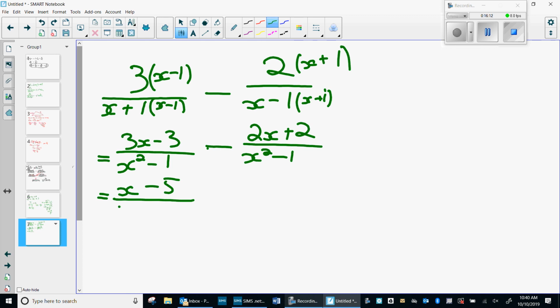So it would be minus 5 over x squared minus 1. Good. How'd you get x squared? So she's expanded the brackets on the bottom. So here, you've got x plus 1 and x minus 1. So she's done FOIL, although secretly she didn't. It just so happens she managed to get the right answer.